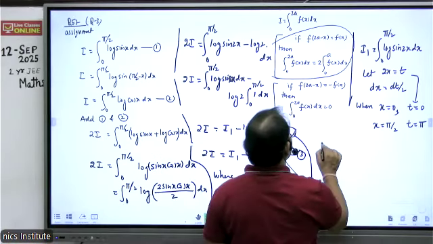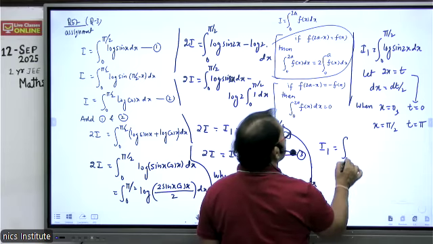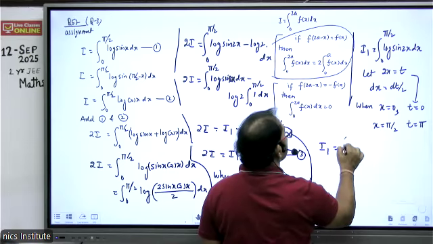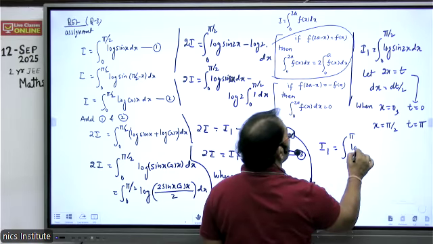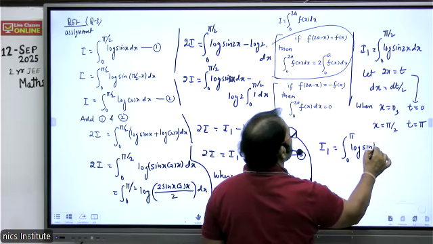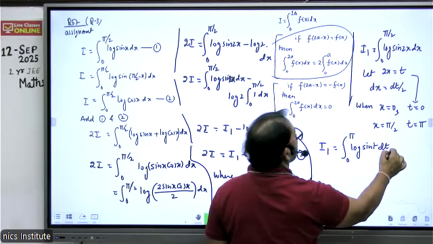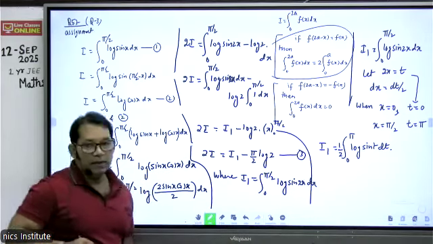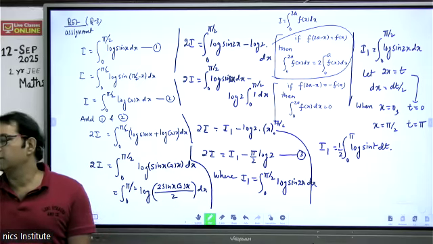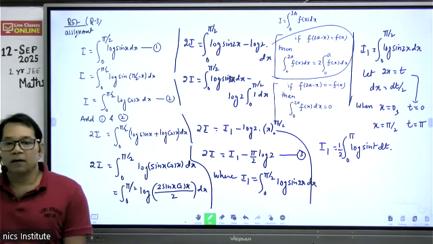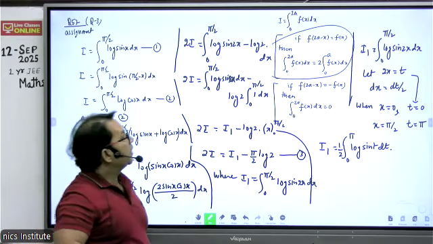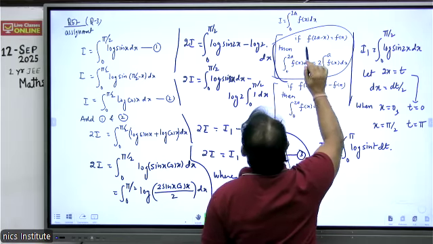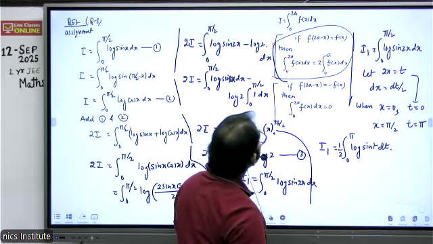And this integral is now 0 to pi log sin t dt into 1 by 2, which you can take out. dx has become dt by 2. Now log sin t, can we apply this property?